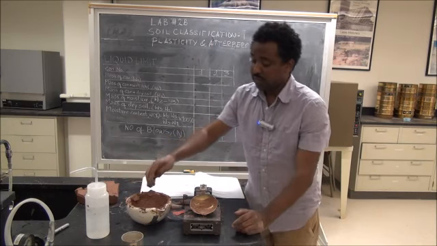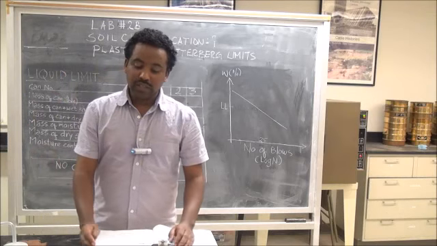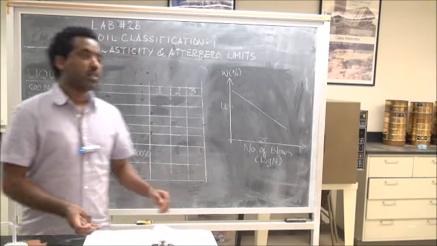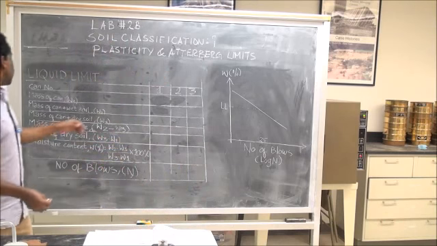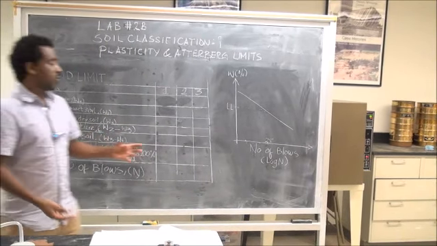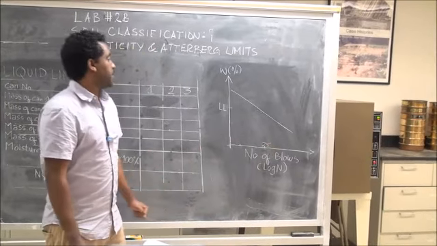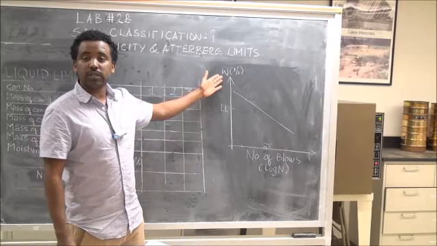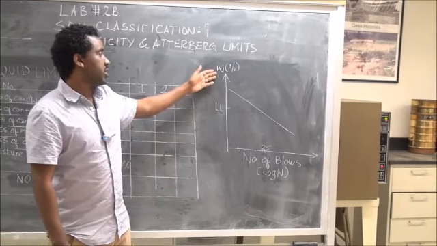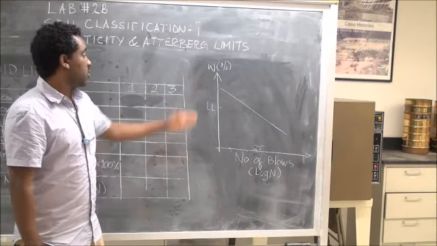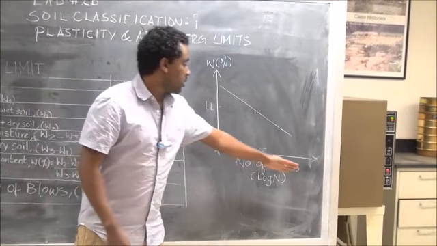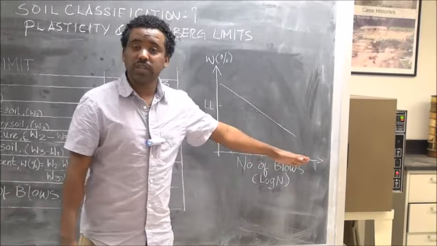Well, when you are conducting this test, make sure that you record your number of blow counters, and the water content will be determined after 24 hours. So you'll plot it with number of blows in the x-axis.